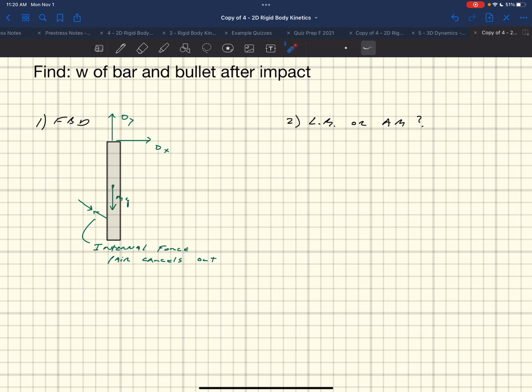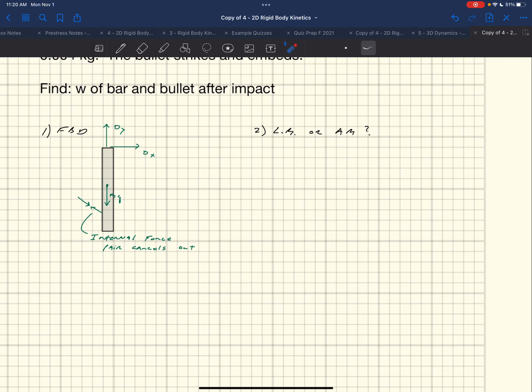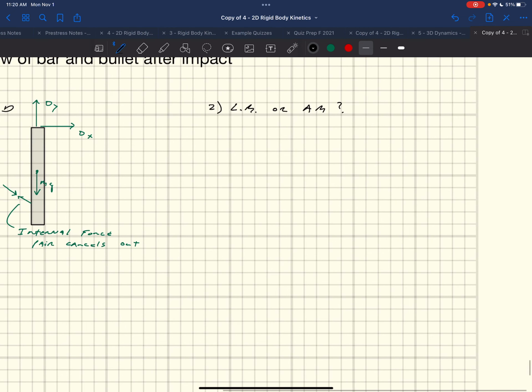Or if you think about if the bullet struck up here, right, that force would just go right into that external force and just be canceled out. And so there is no conservation of linear momentum. The sum of the forces does not equal zero. Linear momentum not conserved.